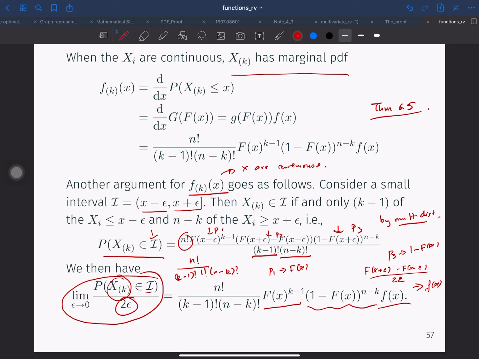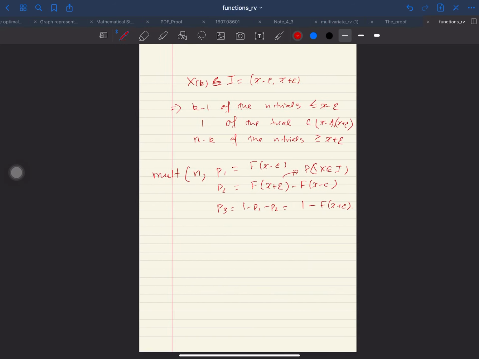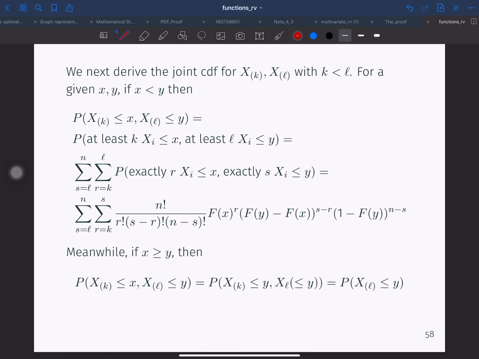So let us now move on to discuss the joint CDF for Xk and Xl with k less than or equal to l. And the trick is simply, once more, the use of the multinomial distribution.